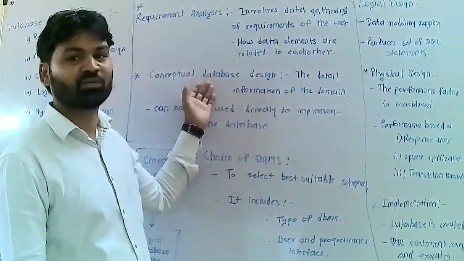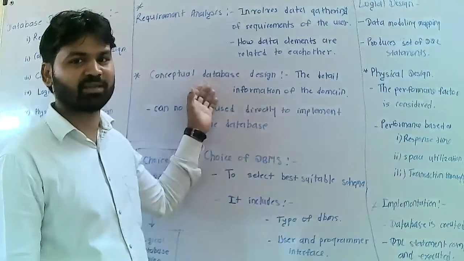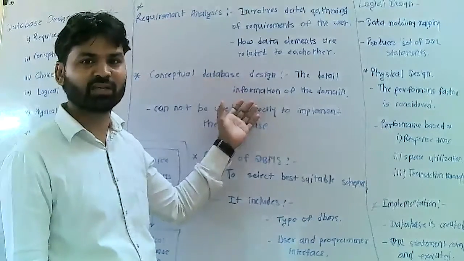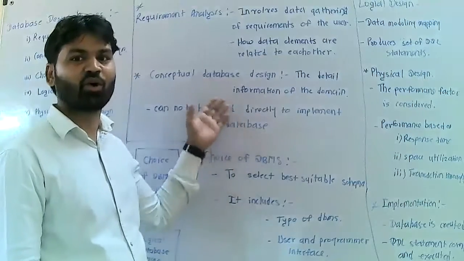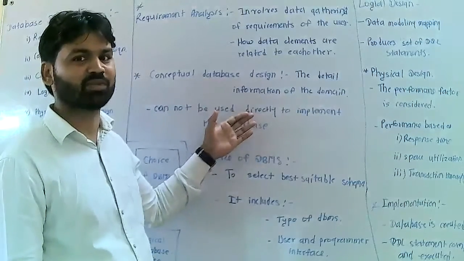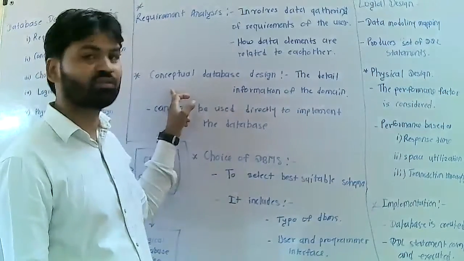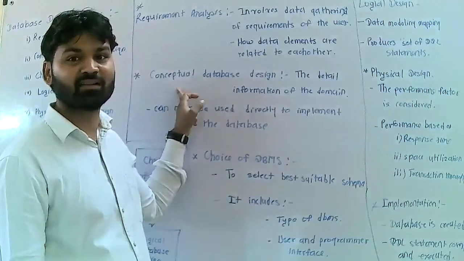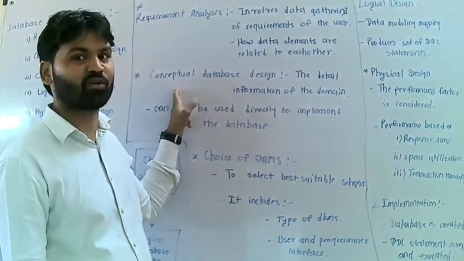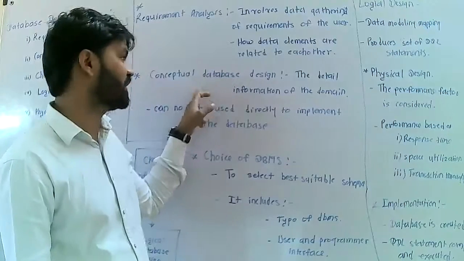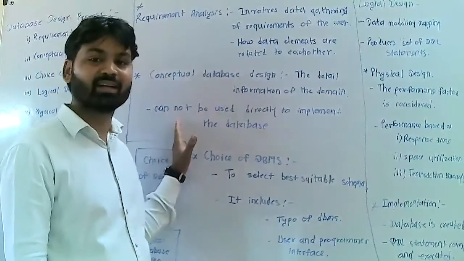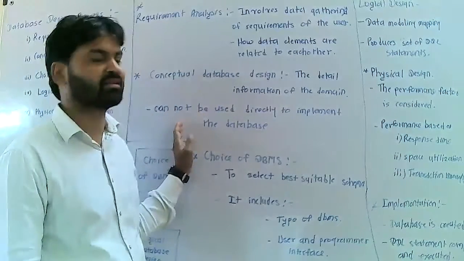You only collect all the information related to your data objects, your database, and the relationships between all the database objects. So this is the second stage of your database design. In this you have to collect detailed information of your database.